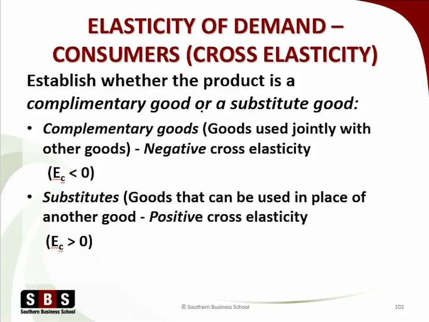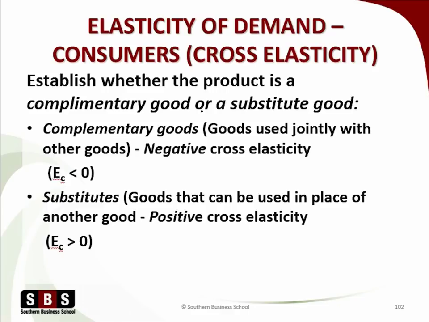And cross-elasticity will only be either a definition or a short question where you must recognize what it means. What's important for cross-elasticity is you must establish whether the product is a complementary good or a substitute good. So for income elasticity, as I said, look at normal good and inferior good. That's why you have to know the definition, because you must relate it back to that.